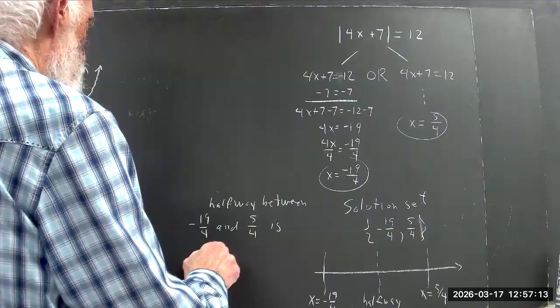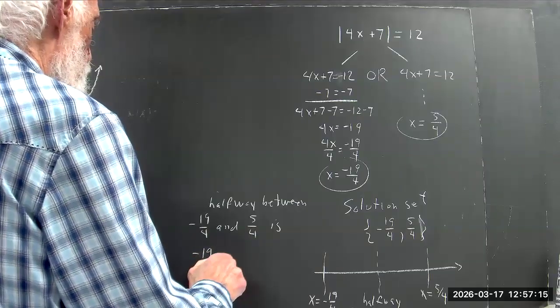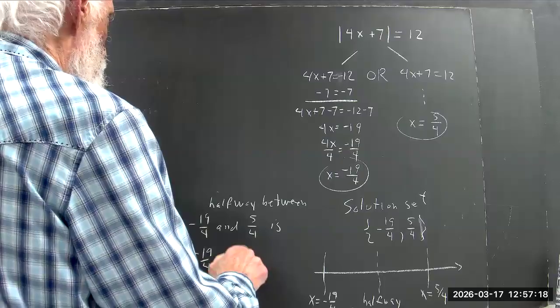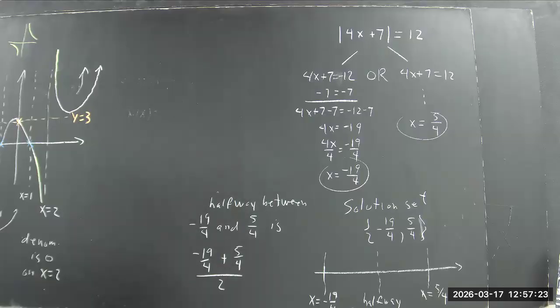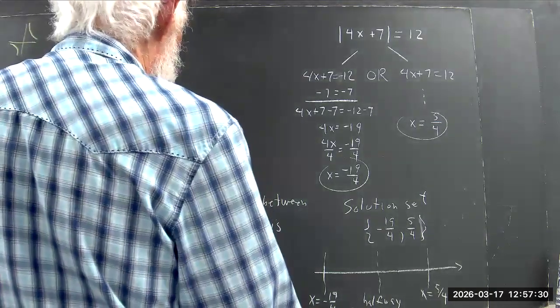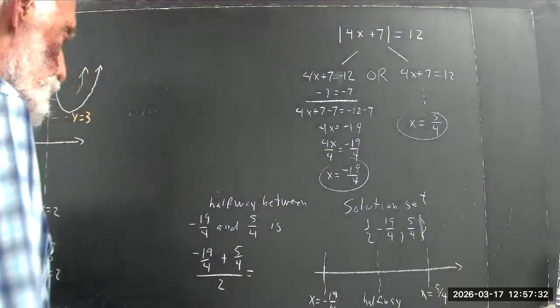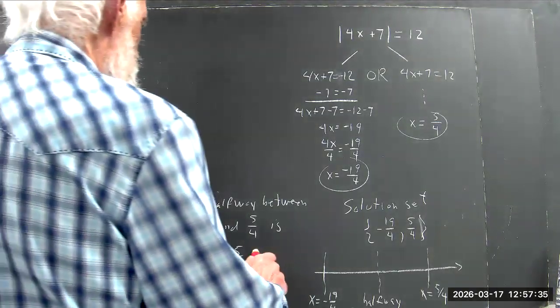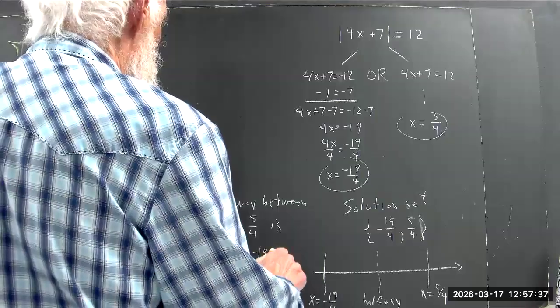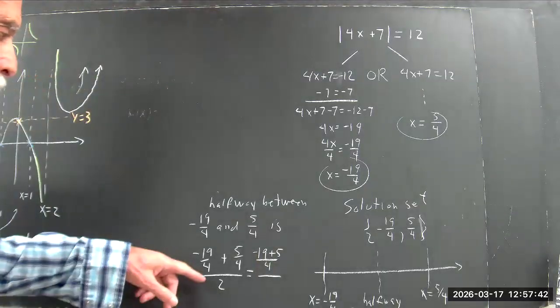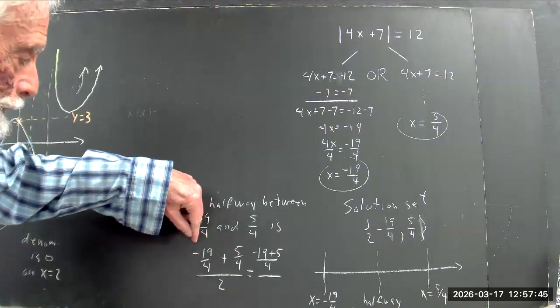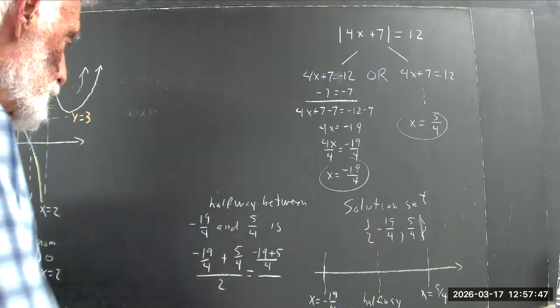It's negative 19/4 plus 5/4 divided by 2. Add them and divide by 2. Well, we're not going to take time to add these. I'm just going to show you, but make sure you understand. That's to add fractions with like denominators, you add the numerators and keep the denominator.